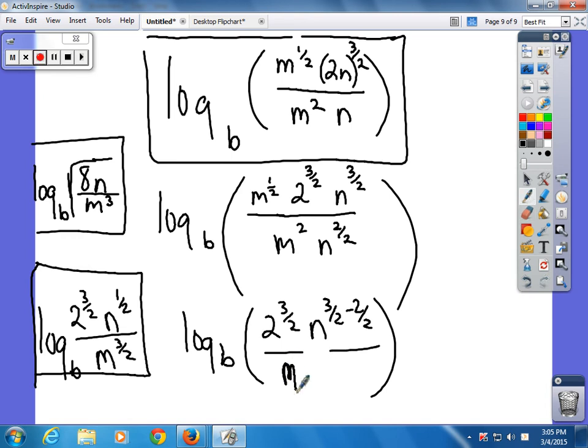So I've got m to the 2 over 1, minus 1/2. I can't do this because I don't have a common denominator. So I change the common denominator from 1 to 2. 1 will go into 2, 2 times. 2 times 2 is 4. Maybe that's reasonable. That's all right.